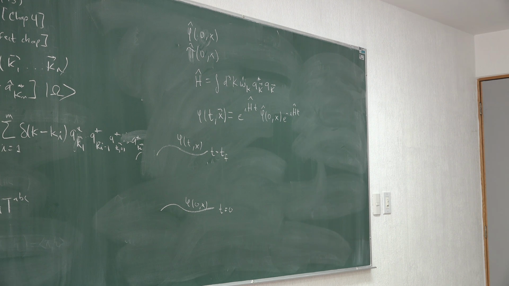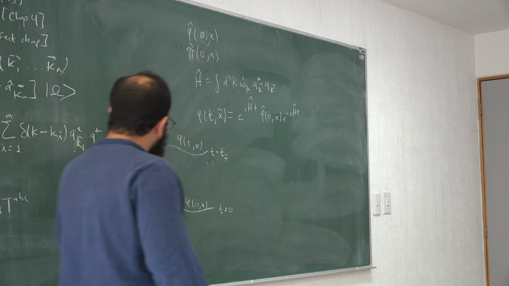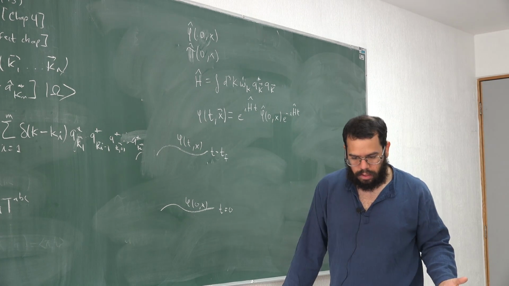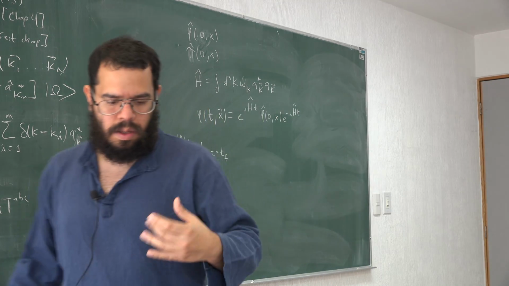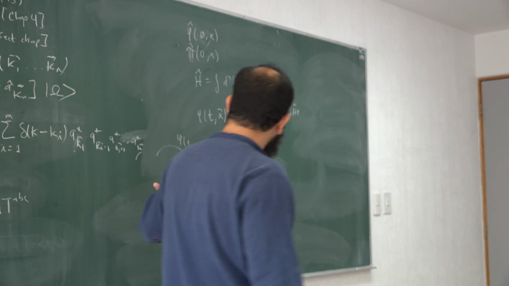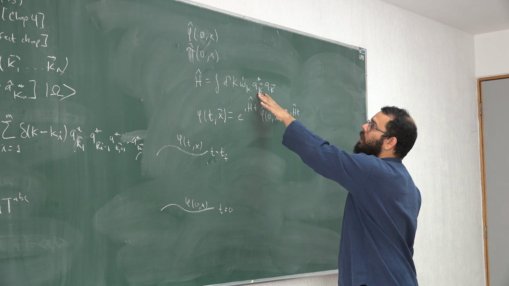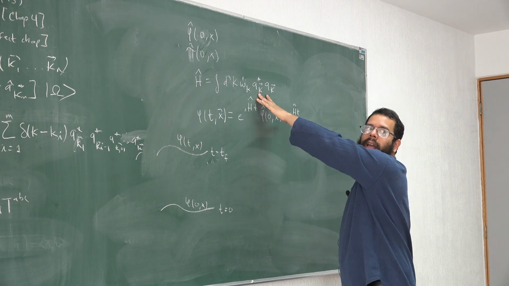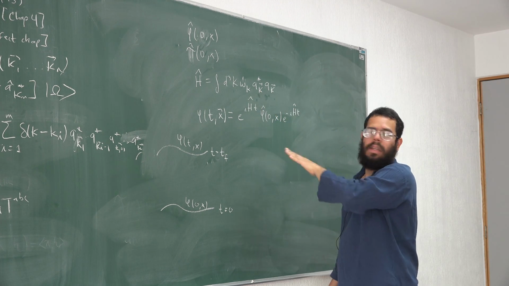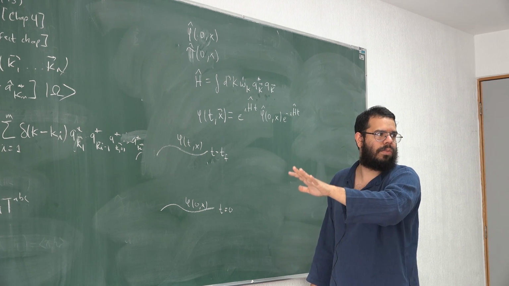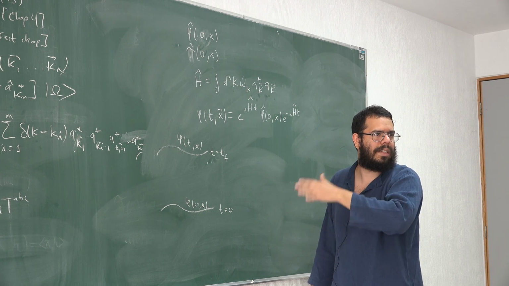Okay, so that's it. End of story. We have our construction in the Heisenberg picture for the quantization of the Klein-Gordon field in Minkowski space. We have a Hilbert space that we associate to a slice. And we have operators that evolve in time with this Hamiltonian, which is given in terms of these creation annihilation operators. This is a renormalized expression because it's quadratic in the fields, but I haven't shown you how to renormalize because we will do that later.